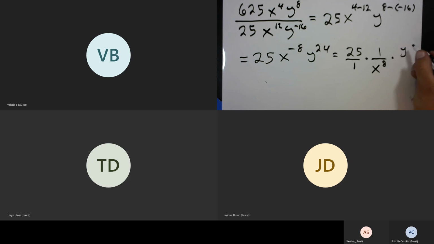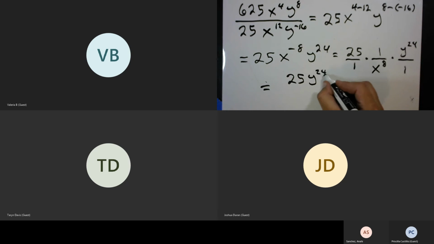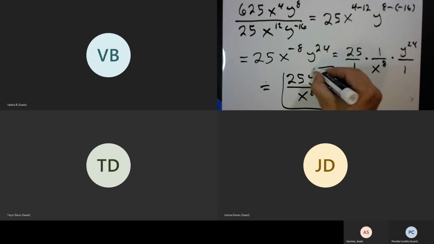And this is y to the 24th over 1. Multiply it all together, and we're going to get 25 y to the 24th over x to the 8. And that's our answer.